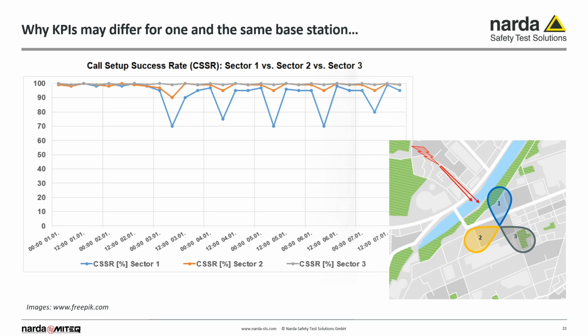In our example, we could also see periodic CSSR curves for Sector 1 and 2. Typically, this hints at interference from sources passing by, like delivery trucks, or from sources being used with a certain rhythm, like a faulty microwave being switched on every morning around 6 o'clock.